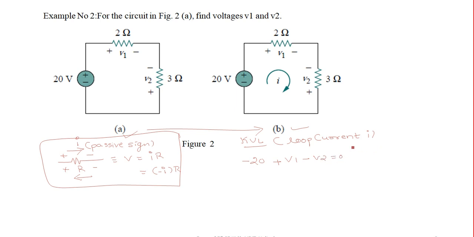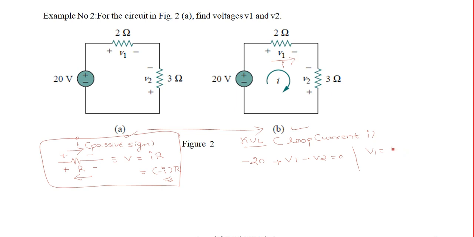But V1 and V2 are unknowns, right? So how to find or define V1 and V2? From Ohm's law and from this point, what I told, you can apply the law here, you can find V1. Here the polarity is like this. Our assumed current direction and polarity match the passive sign convention. So the same current I flows here from higher potential to lower potential.